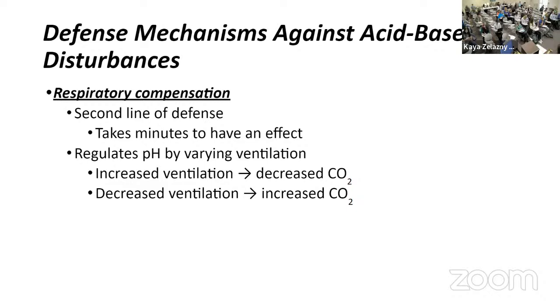So that CO2, its concentration, its partial pressure in your blood is going down. By contrast, if you breathe really slowly, so hypoventilation, you're not breathing off that CO2 as frequently. So you're increasing how much of it is staying in your plasma. So you'd see PCO2, that partial pressure of CO2, go up.